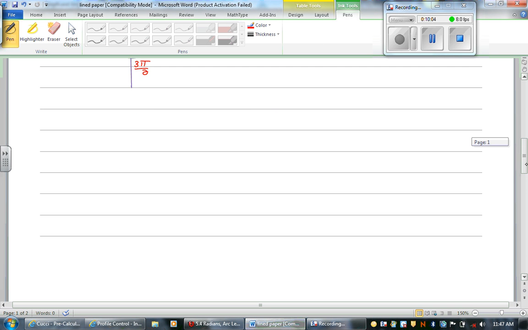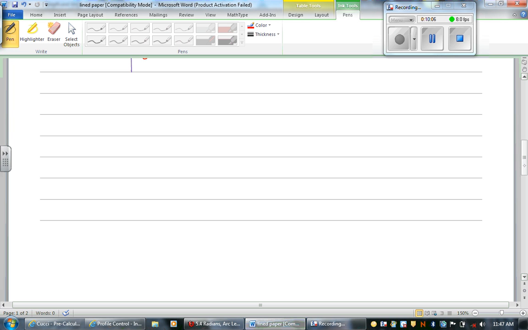Let's start with our first one. We've got 120 degrees. We're going to use that proportion: degrees over radians equals 180 over pi. I have degrees, and what I'm looking for is radians, so let's call it theta.